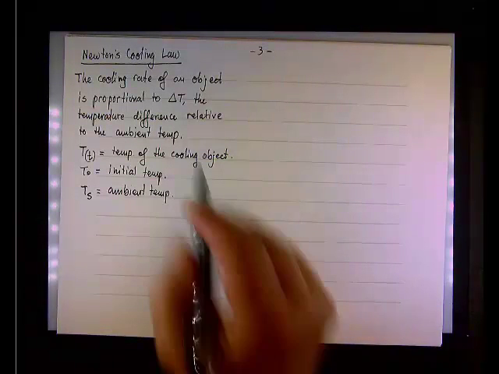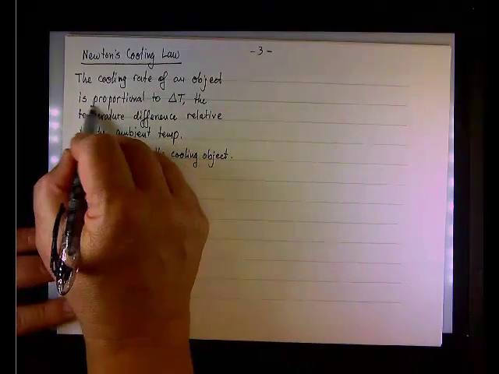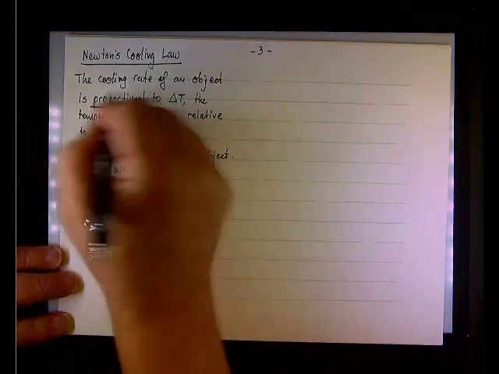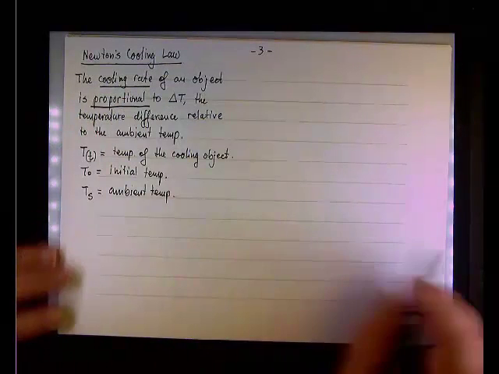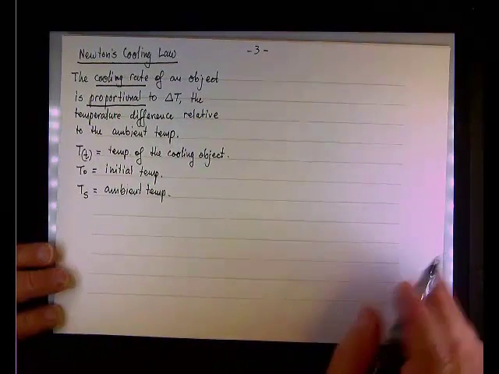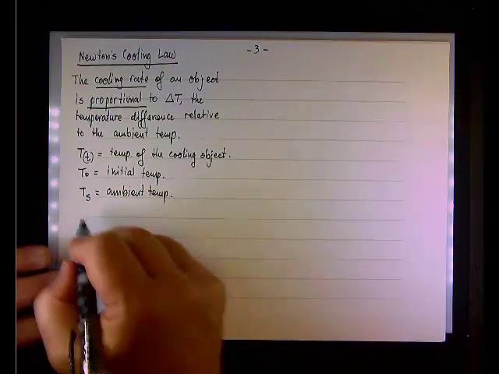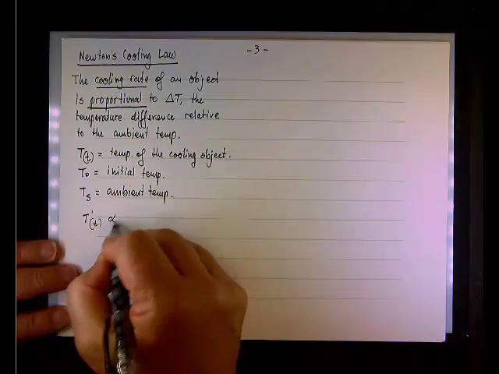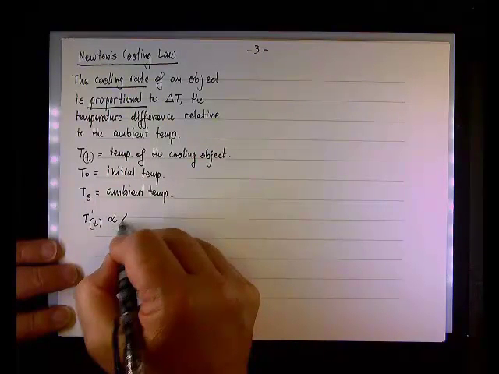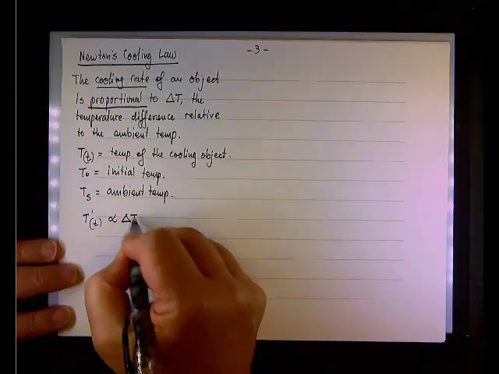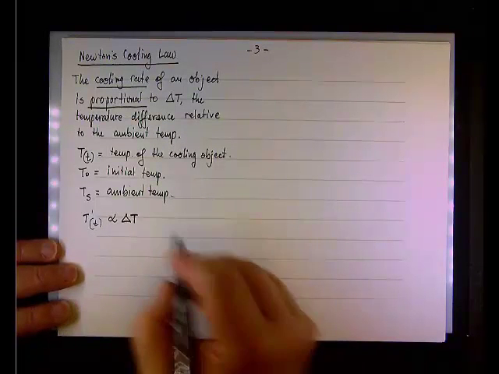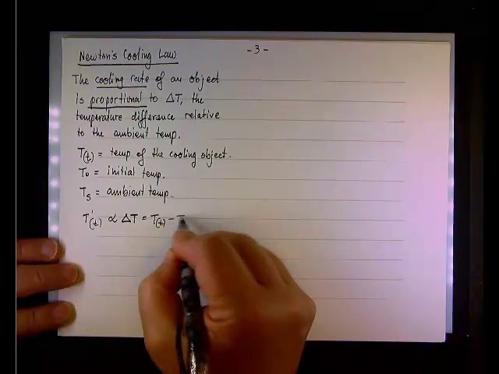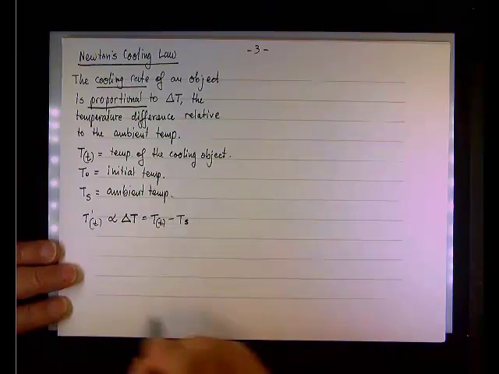Okay, because we said that the cooling rate is proportional to delta T, the temperature difference, then we're going to say that T prime of t is proportional to, not to T, but is proportional to delta T. And delta T will be the difference between T of t and the ambient temperature, like so.